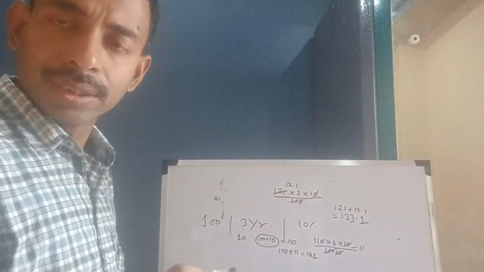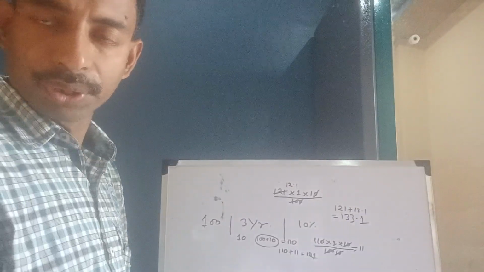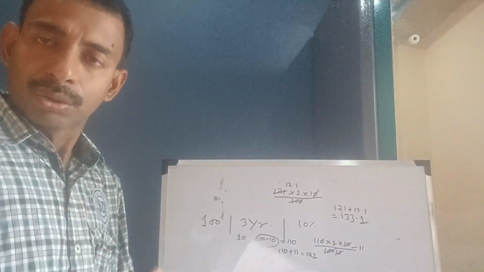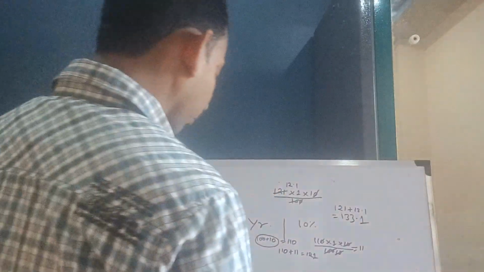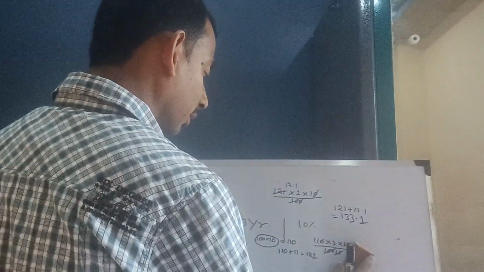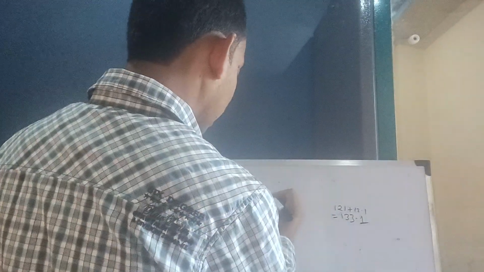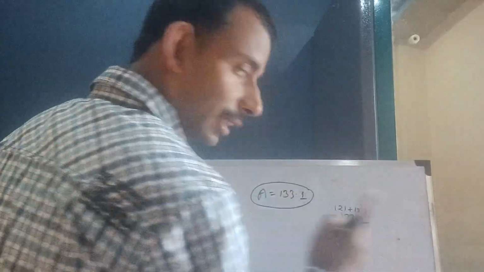Now there is a formula to calculate the accumulated amount after a certain period, say after 3 years, total amount that is principal plus interest, after investing some principal. In this way we got the total outcome, the total amount would be 133.1 after 3 years.